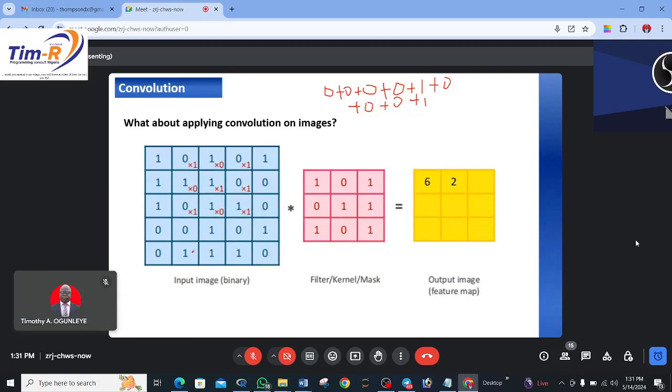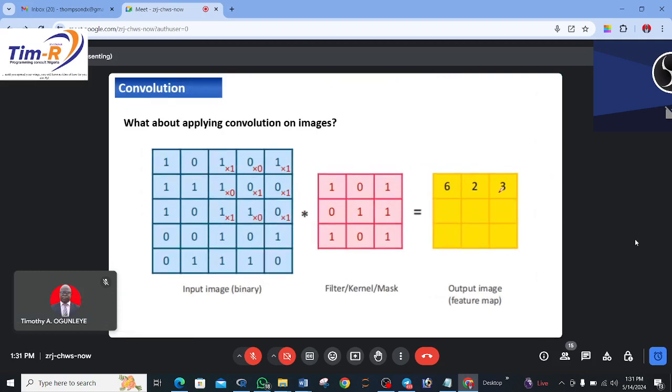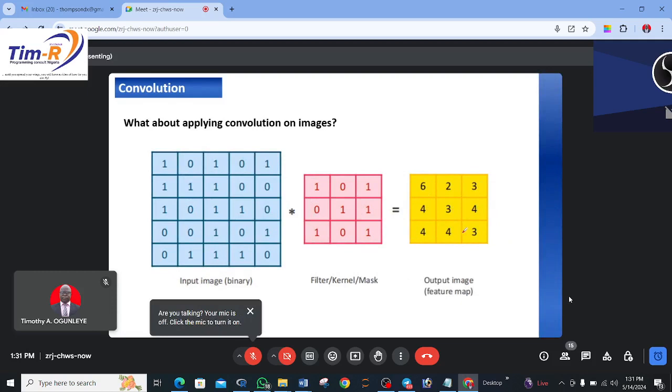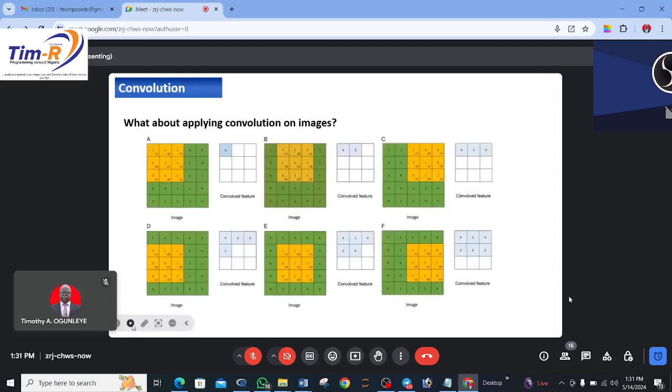So now you can complete the rest by yourself, but the next value, the answer is going to be 3. The next one is going to be 4, 3, 4, 4, 4, 3. So that's the output using this mask on this pixel representation, which is binary.